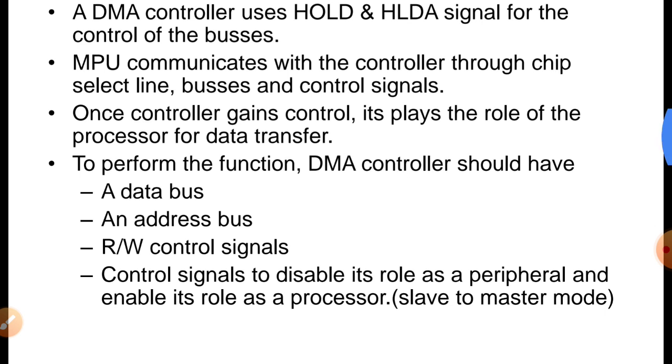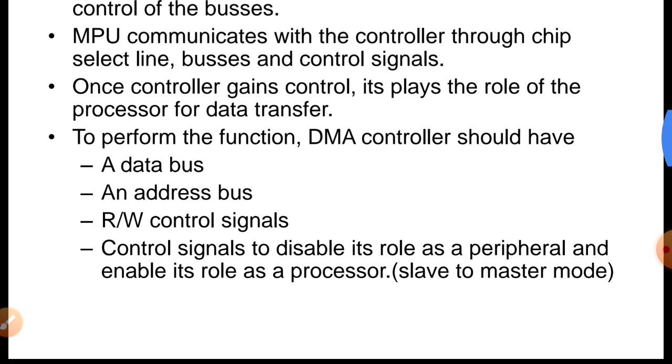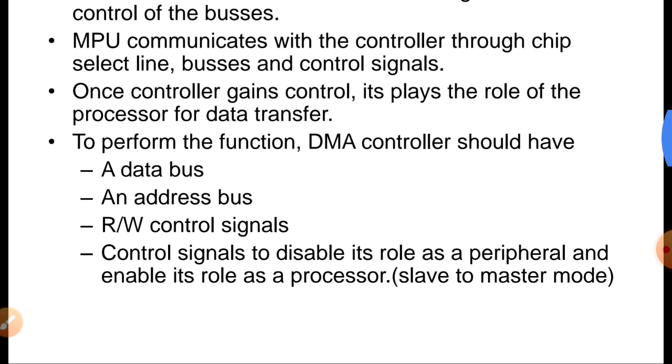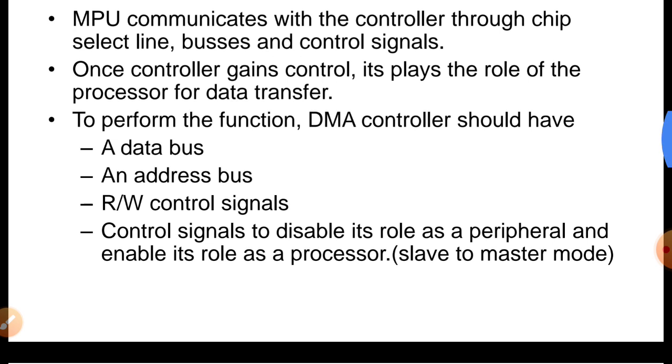And once the control of the buses is released and given to the controller, the controller starts working as a master. So it means the DMA controller must have the capability to handle the data bus, the address bus, as well as the control bus.